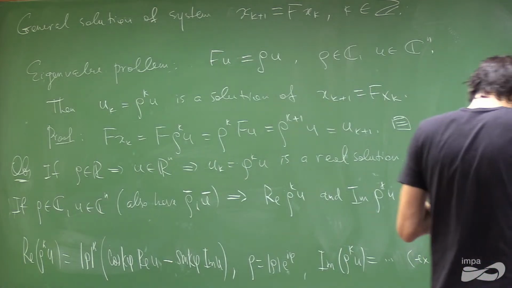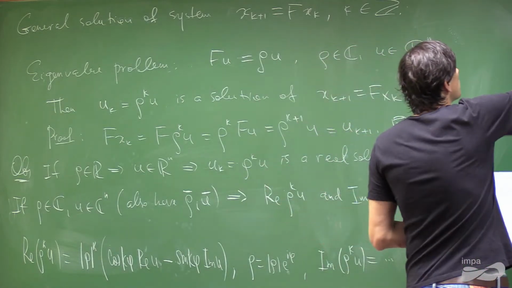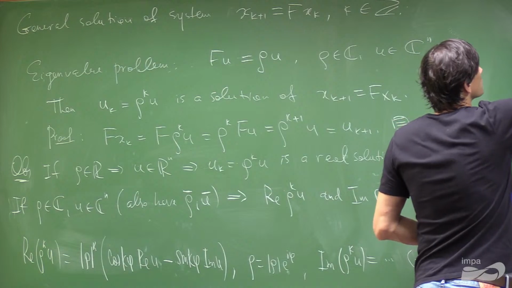Let us recall where the eigenvalues come from. Let's rewrite this eigenvalue problem by putting everything to the left.